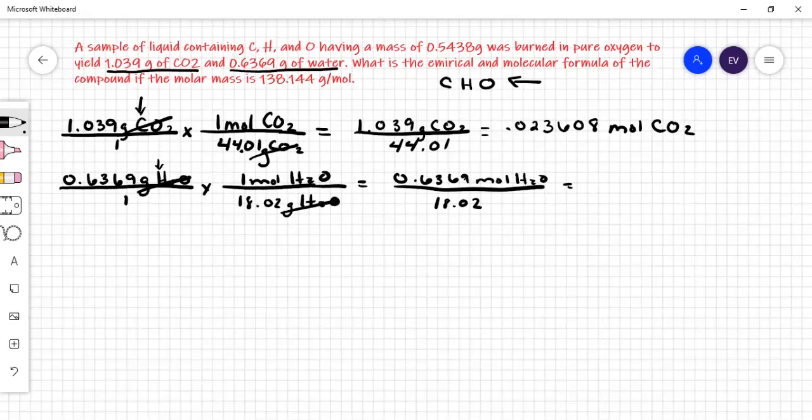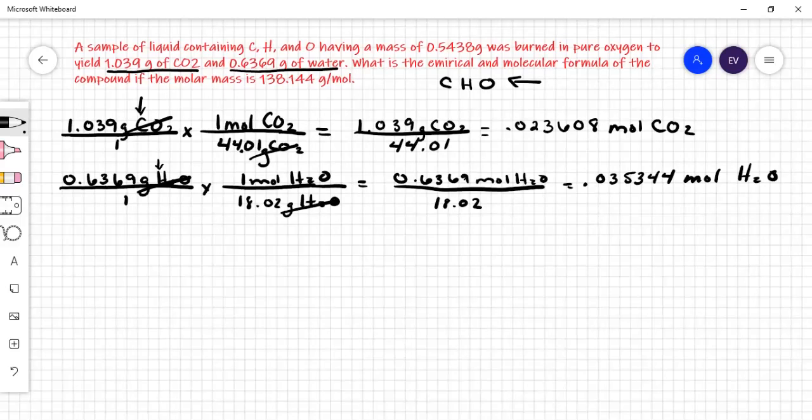If I do that division, 0.6369 divided by 18.02, I should end up at 0.035344 moles of H2O. So we have our moles of H2O.